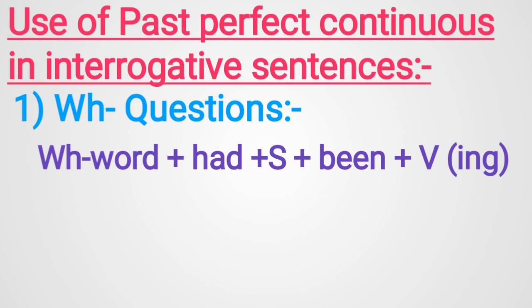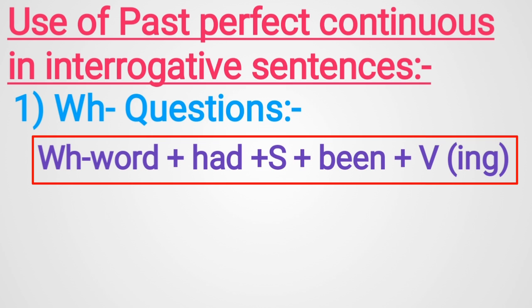So first, let's learn how to make WH questions while using past perfect continuous tense. For WH questions in past perfect continuous tense, we have to use the following structure: WH word plus had plus subject plus been plus verb with ing form. Then in the question there will be any remaining part. Then finally a question mark at last.